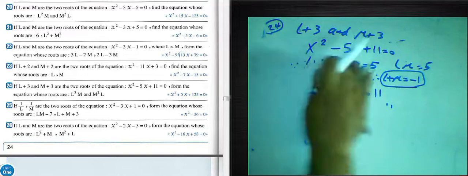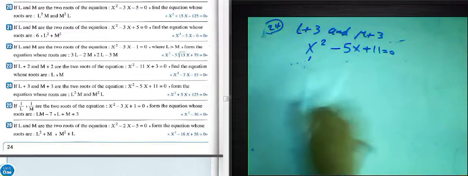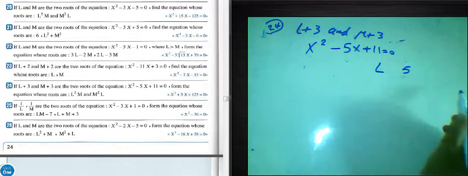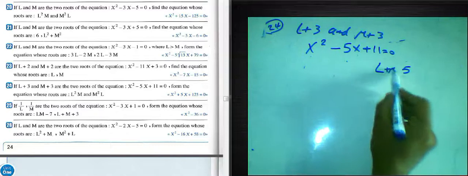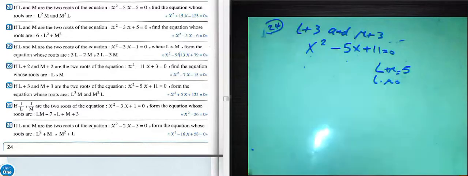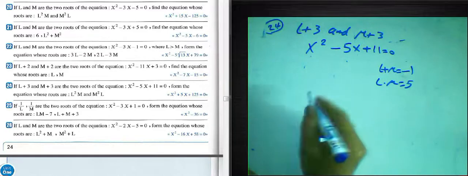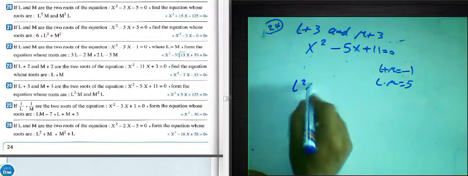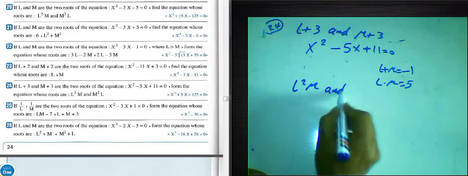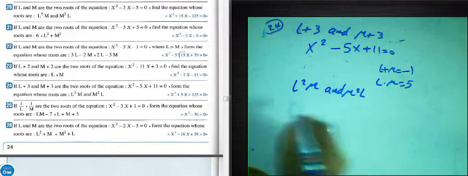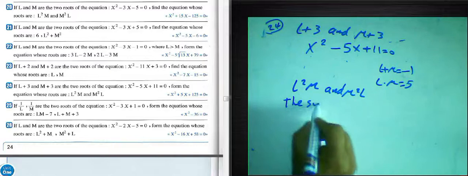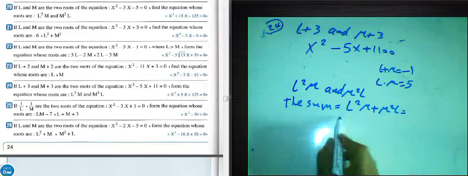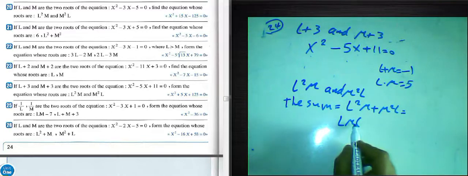We have L plus M and L multiply M. So we want to find the equation whose roots are L power 2 M and the second M power 2 L. We know the sum equals L power 2 M plus M power 2 L. We can write LM outside, taking the common factor between two terms.